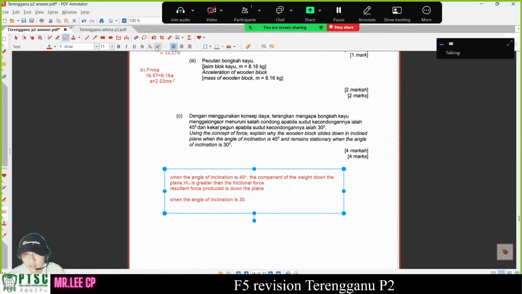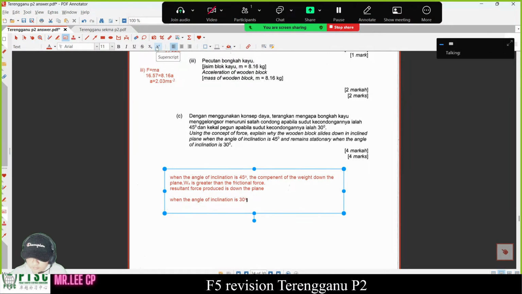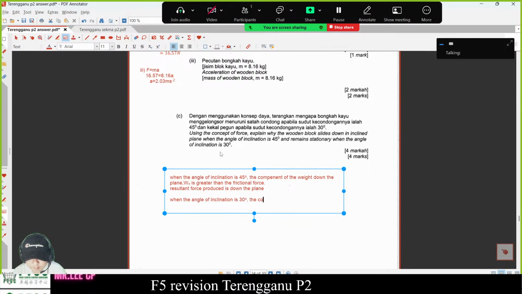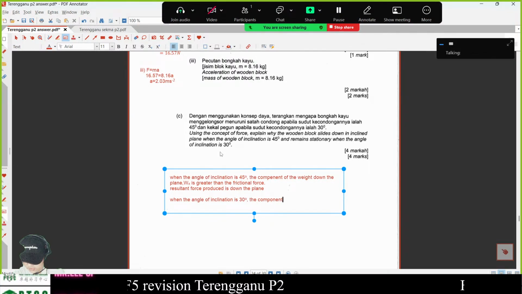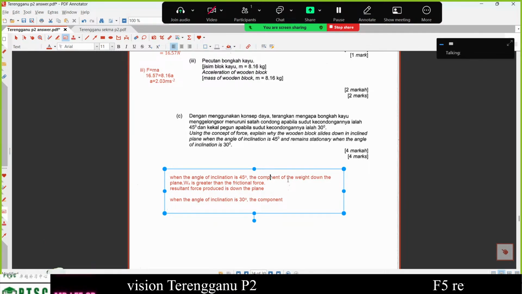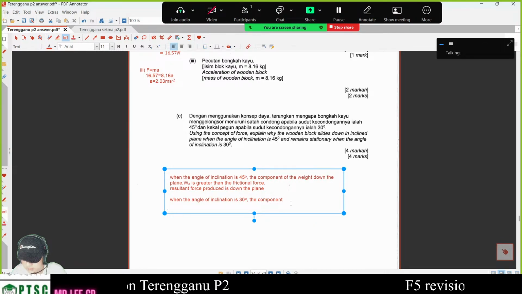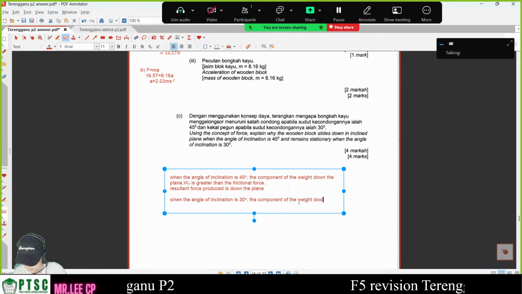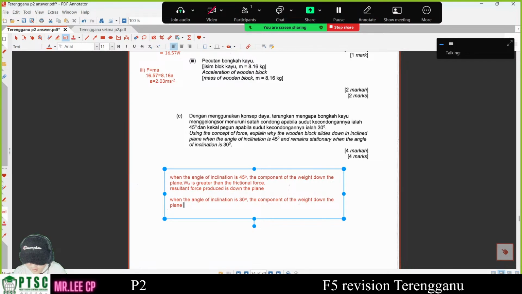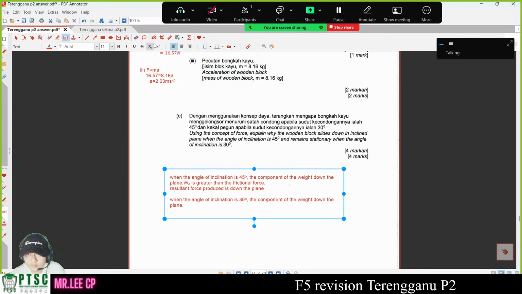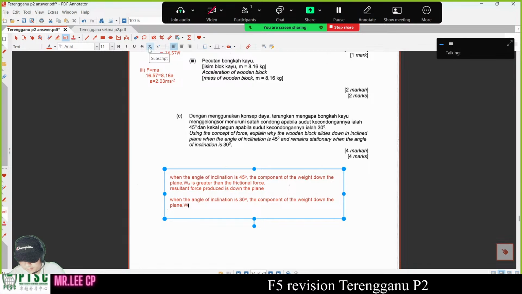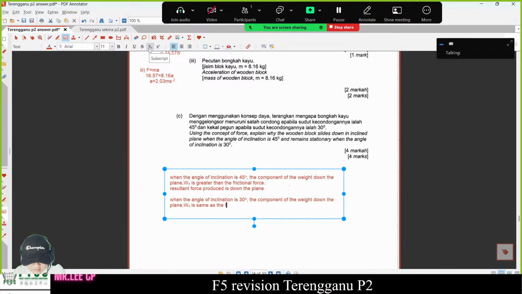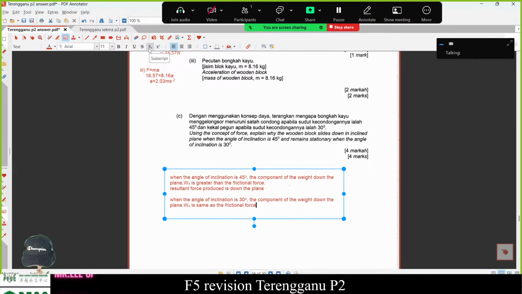Okay, now here we talk about the one with 30 degrees. What happened? When the inclination is 30, the component of the weight down the plane, Wx, is the same as the frictional force.